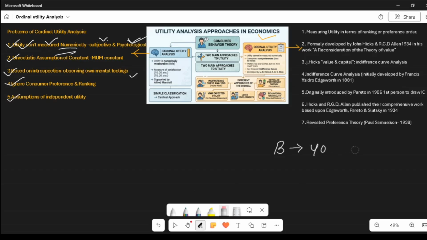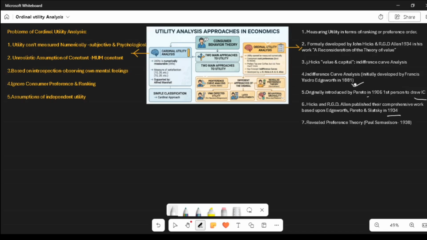So there are some other economists who developed some other approaches to utility in economics. So let's discuss the ordinal utility analysis. What is ordinal utility analysis?